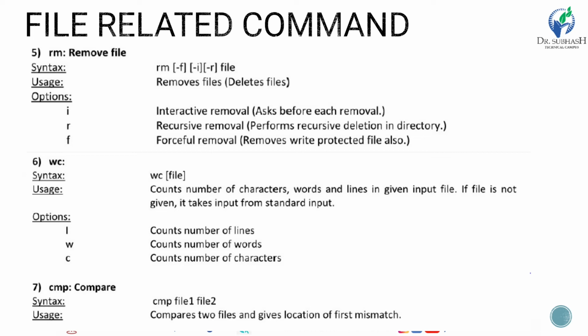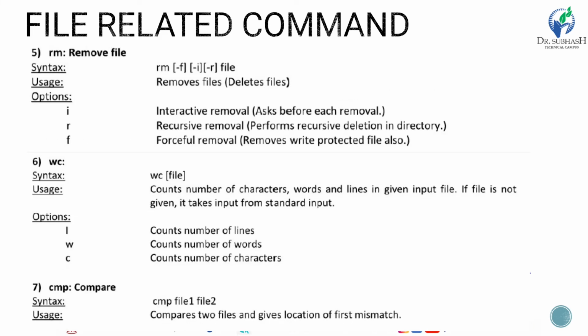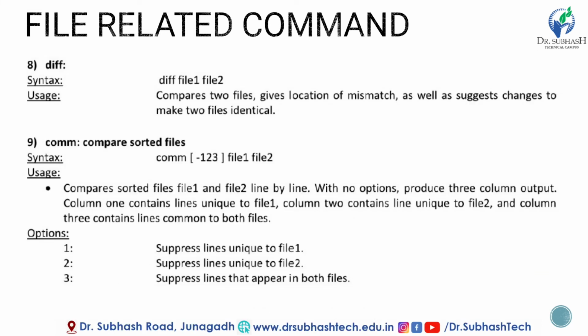Okay, then the seventh one is cmp. What it does is compare files. So cmp file1 file2. Usage is to compare two files and give the location of the first mismatch, કે જ્યાં mismatch થતું હોય એ first location provide કરશે. The next one is diff. Syntax is diff file1 file2.